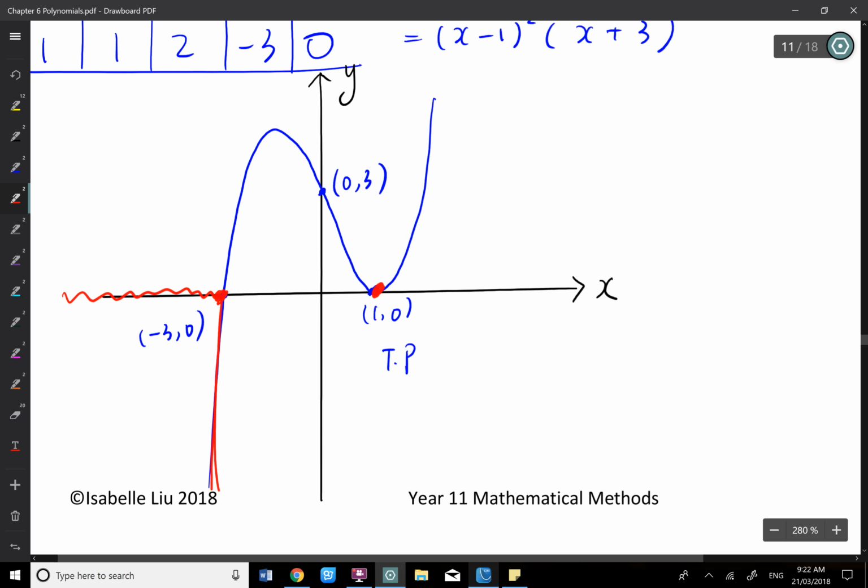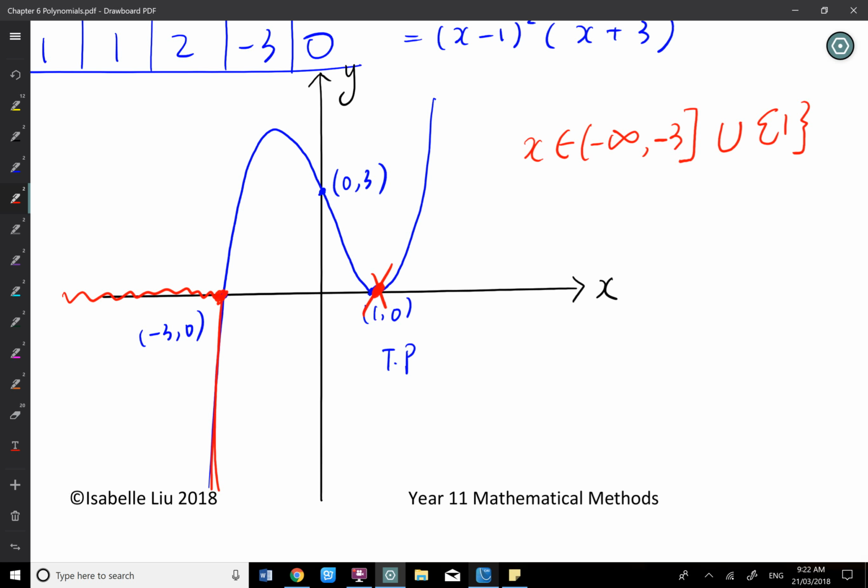So it's all this x plus this x here that is below or equal to 0. What I can write is x belongs to negative infinity to negative 3 inclusive, union 1 in the curly bracket.